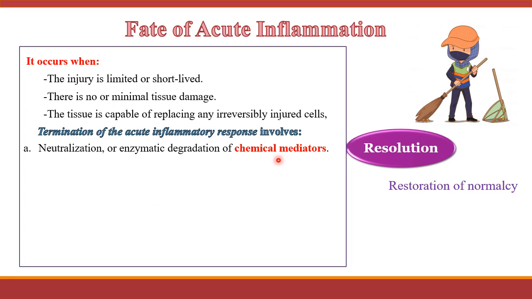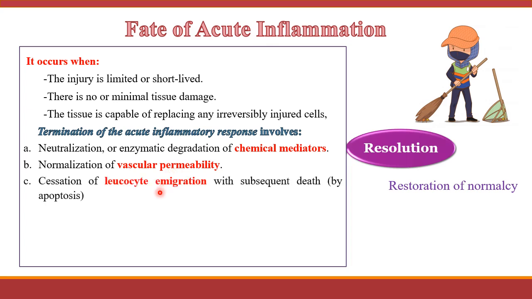So the chemical mediators need to be neutralized or degraded or destroyed. This is number one. Number two, we need the vessels to be normal again. So we need to restore the vascular permeability. We need the vessels to stop leaking fluids and cells and proteins.